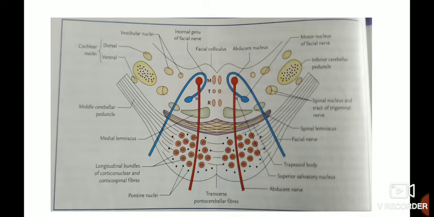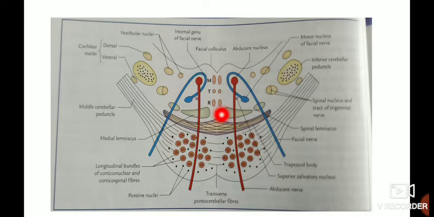On this section, we also see the vestibular nucleus, and we have the dorsal and the ventral nucleus of the cochlear nerve, situated dorsal and ventral to the inferior cerebellar peduncle. Then we have the spinal nucleus and the spinal tract of the trigeminal nerve.